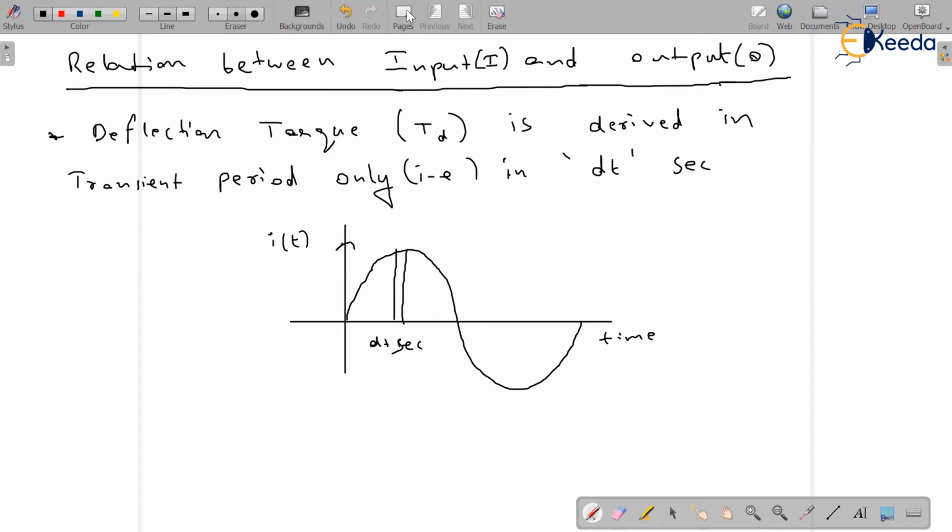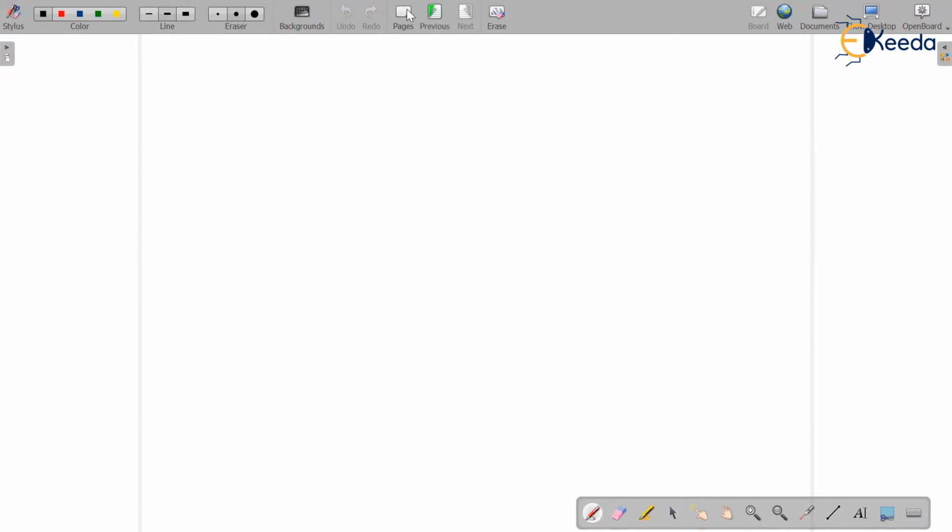So let's go by the inductance formula. L is equal to N phi by I. So N phi is equal to Li.